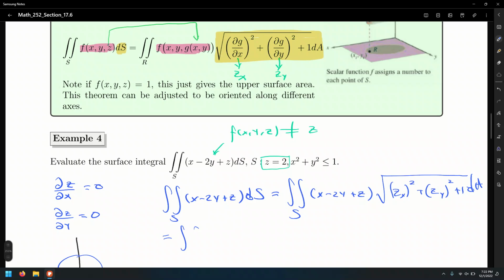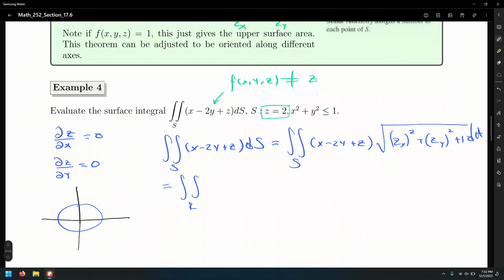Actually, that's going to be the region R this time, because now that we introduce the dA, that becomes an R. So that's x minus 2y plus z, and the square root of essentially 0 squared plus 0 squared plus 1. That's simply the square root of 1, which is just 1, which we don't need to write in there.